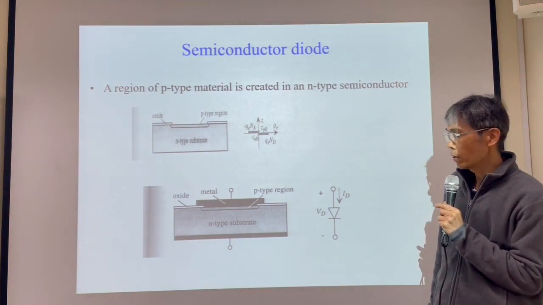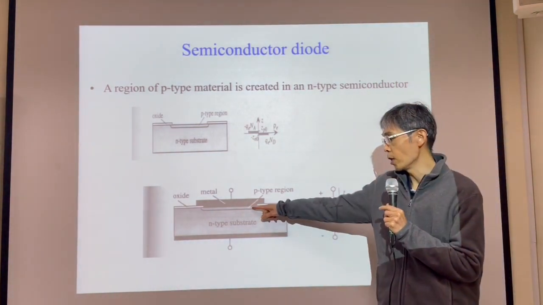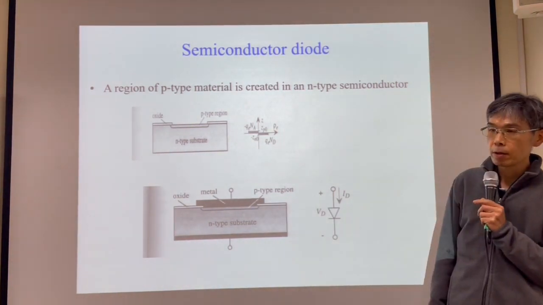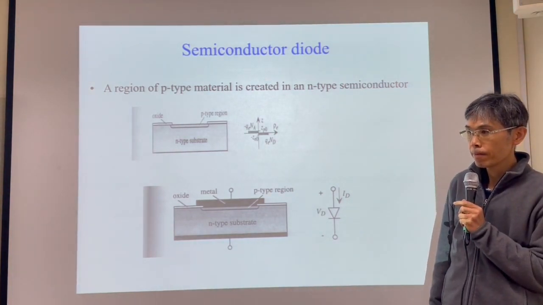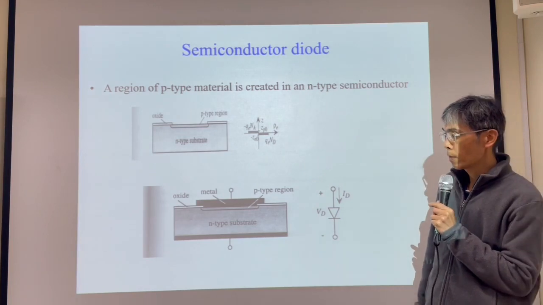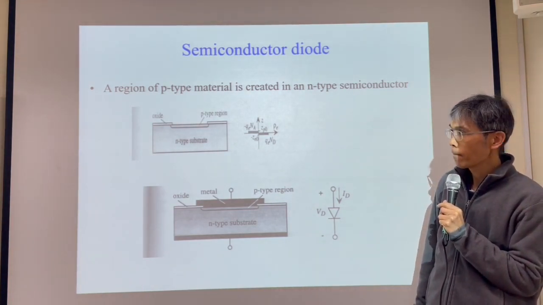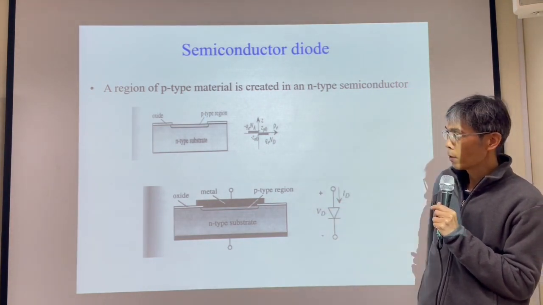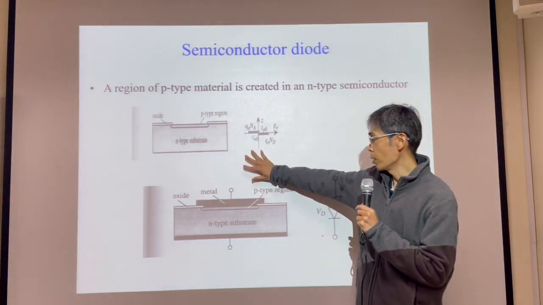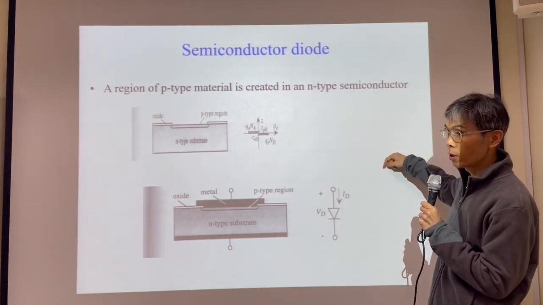So silicon, and which elements can we put here to create P-type semiconductor? P-type and N-type. For N-type, which element did we put into the silicon?